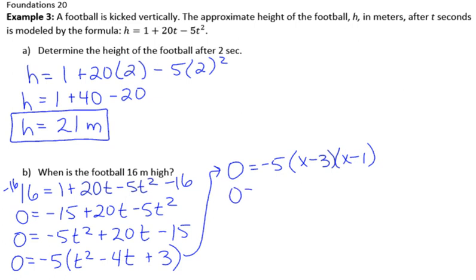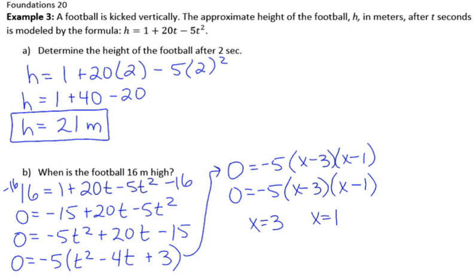So my factors here, nothing can happen to my negative 5 to make it 0. But as long as those two factors are 0, multiplying onto my negative 5 will still make my function 0. So in order to make x minus 3 0, x would have to equal 3. And in order to make x minus 1 0, x would have to equal positive 1.